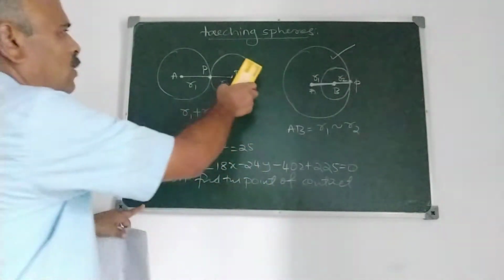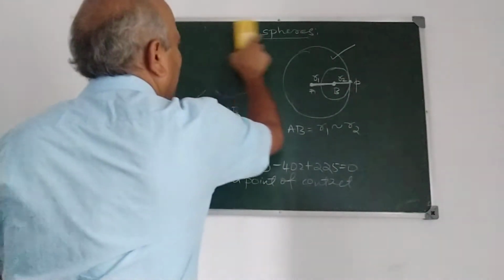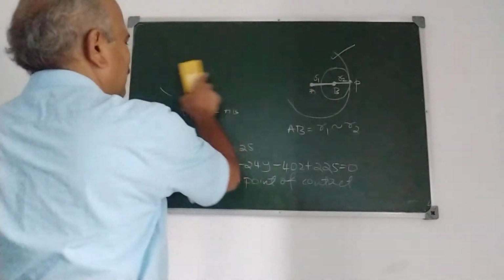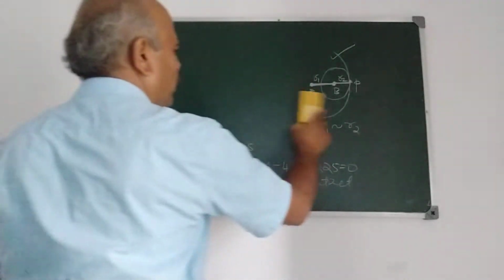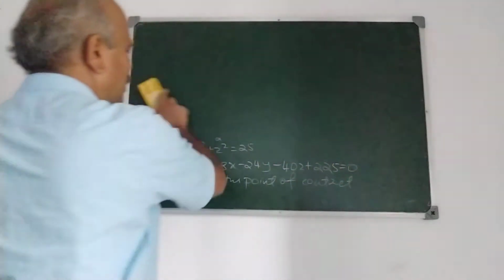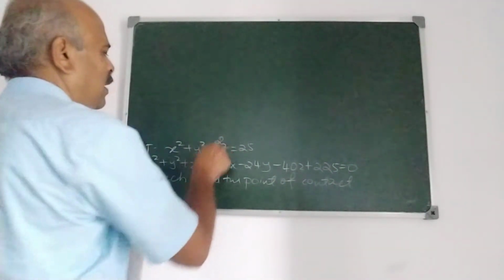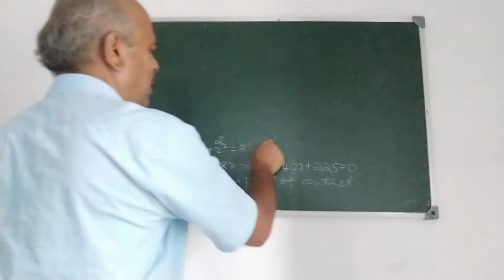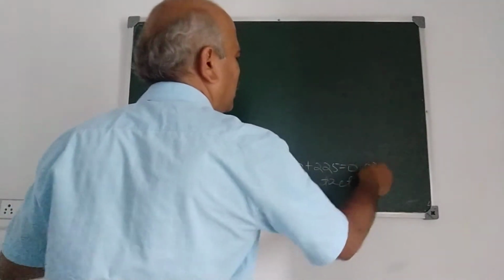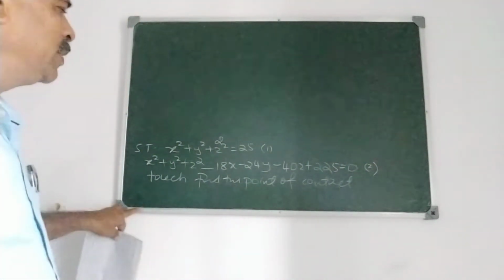So I explained two cases here, and in both cases, the first thing is you have to find R1 and R2, the radii of the two spheres, and the distance between the centers of the two spheres.